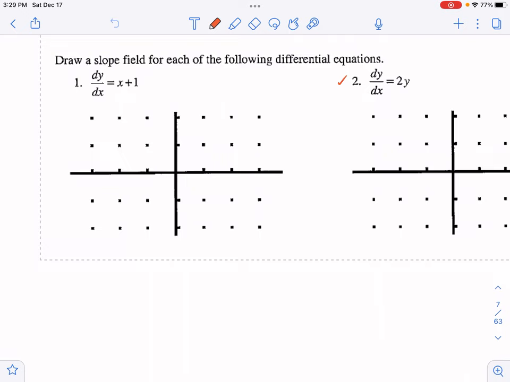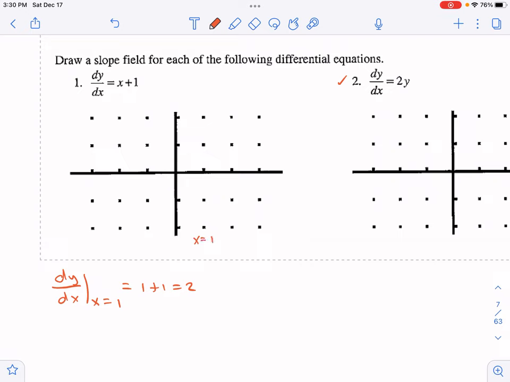So for example, if I said dy/dx evaluated when x is equal to 1, let's say, that's going to be 1 plus 1, which is 2. So I know an x-coordinate of 1 should indicate that my function has a slope of 2. So x equals 1 is right here. I'm going to put that kind of below.